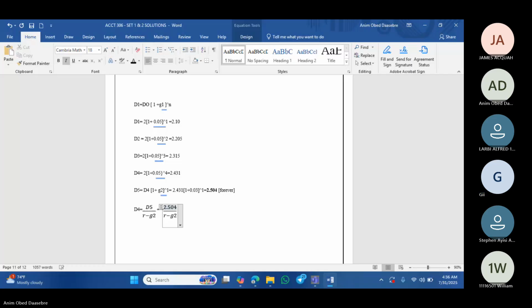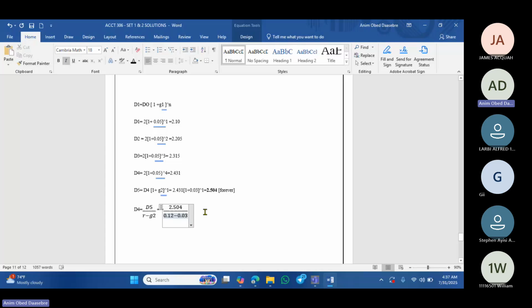The discount rate R is 12%. The second growth rate is what? 0.03.